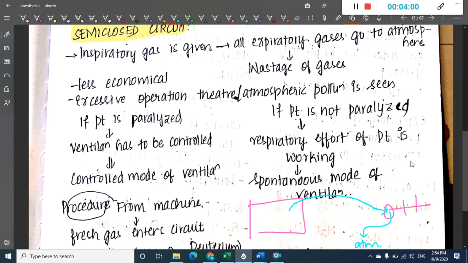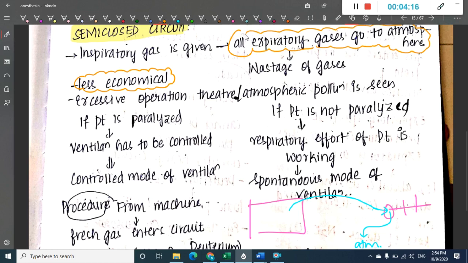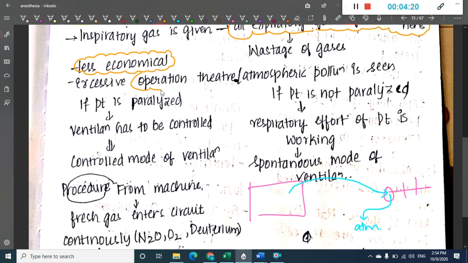So this is less economical, right? Because we are losing some amount of gases which can be reused again. So there is wastage of gases, so it is less economical. And because these gases are released into the atmosphere, there is an increased chance of operation theatre or atmospheric pollution. See, the gases which we give are anesthetic gases. We don't give oxygen 100%.